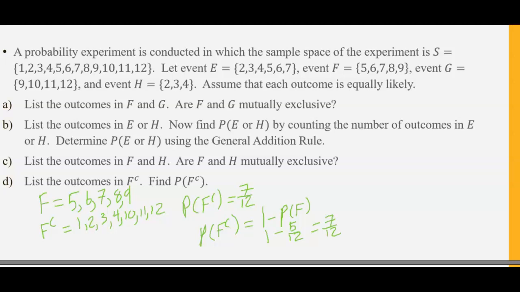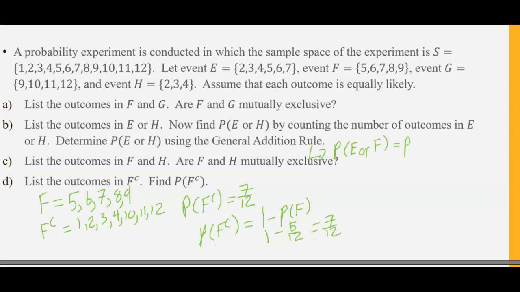Okay, so to recap, mutually exclusive means that they share nothing in common. They are disjoint. They don't touch. They don't intersect. The complement is simply everything that's outside of your event, and it can be found by taking the probability of your event and subtracting it from 1. And then finally, your general addition rule will always look like the P of two events with an OR in between them.